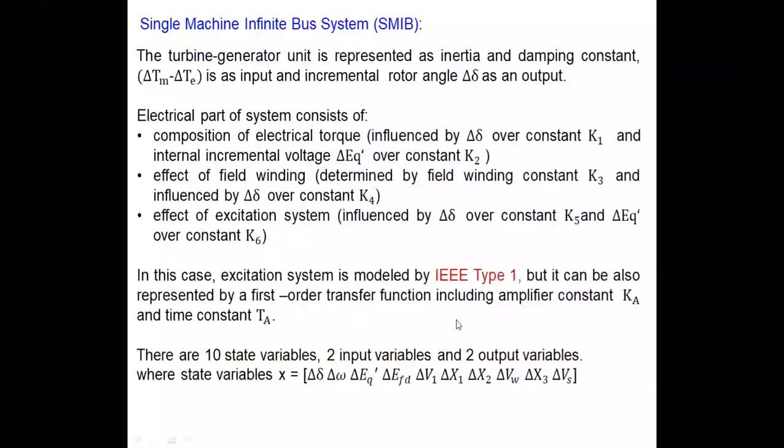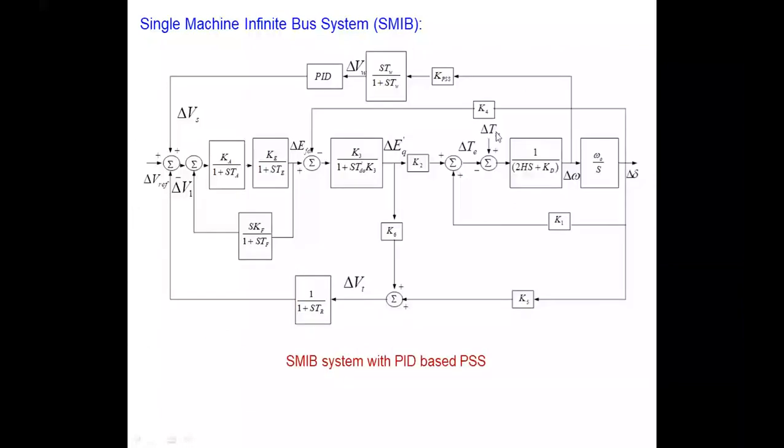So for this case, now you observe that here we have mechanical torque and the electromagnetic torque. Now, if you want to include the turbine and the governor section, then this state variable will be from the turbine part, and in the feedback it will be the governor in the turbine section. So that can also be included.